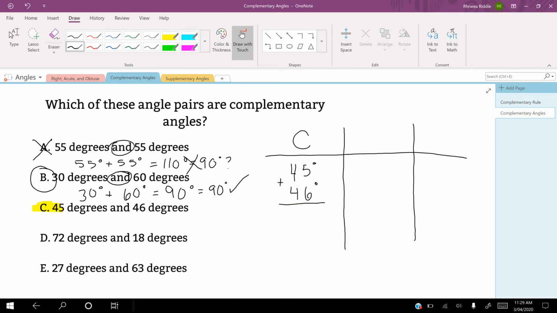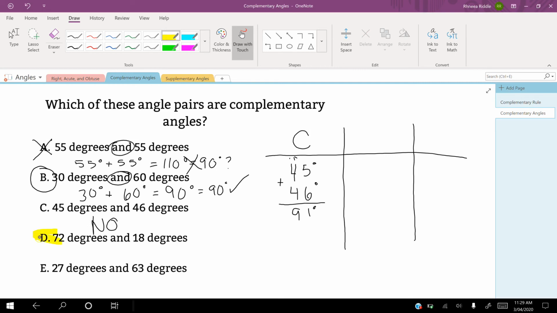So 6 plus 5 is 11. And 4 plus 4 is 8, and we have that 1 we carried. So that's going to be a 91. Now, is 91 degrees equal to 90 degrees? No. So C is no. This one does not make a complementary angle.